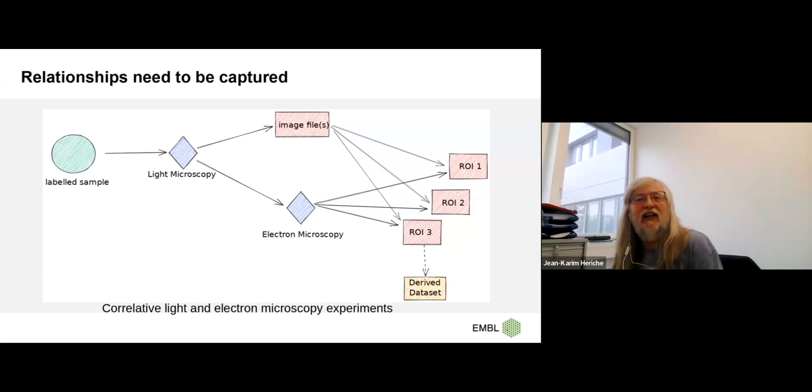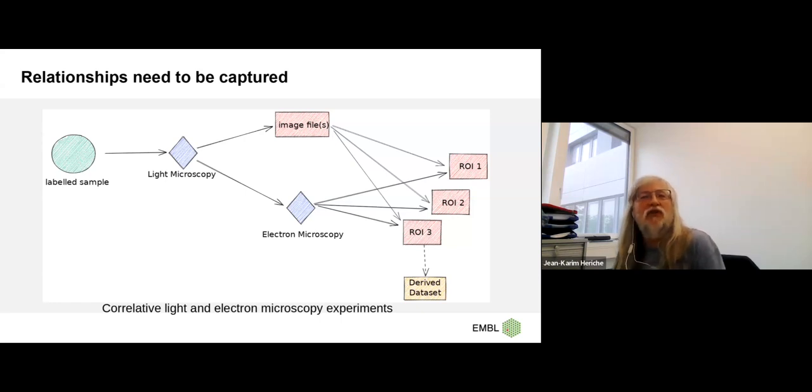You get some image files. From those, you define some target regions that you want to look at by electron microscopy. So the same sample is now also looked at through electron microscopy, and you generate data for some regions of interest, so a subset of the regions from the original light microscopy file, and maybe from those you actually compute some more information. So you have derived data sets.